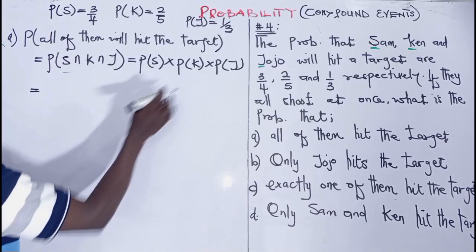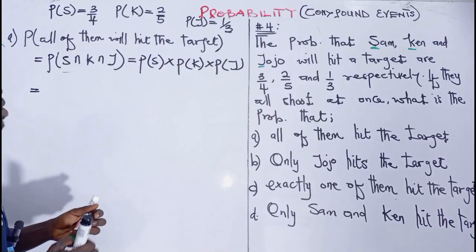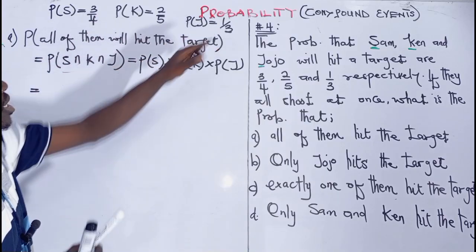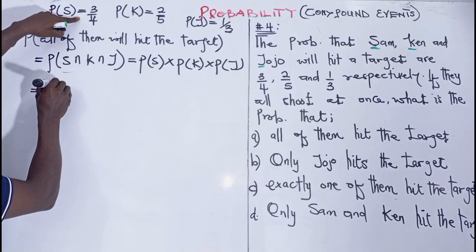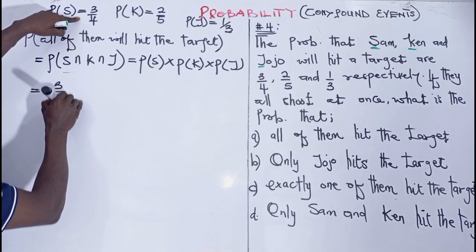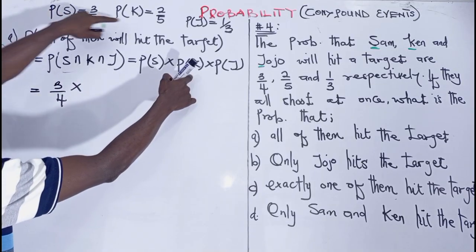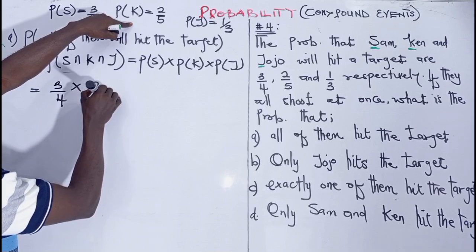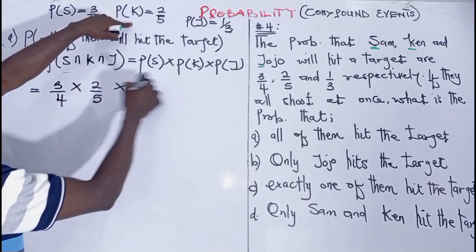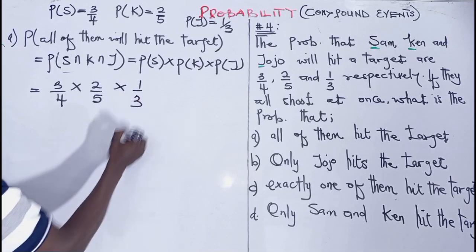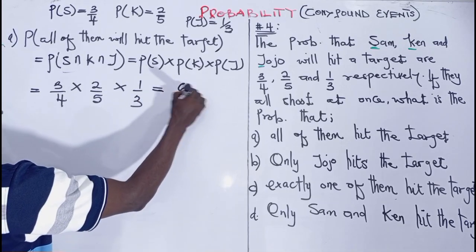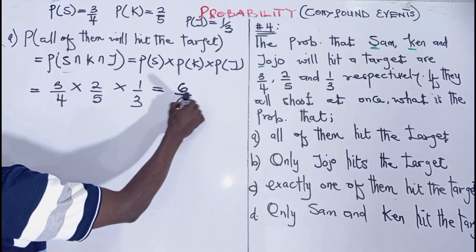Now once we have this, we are just going to substitute in their corresponding probabilities. So we have the probability that Sam will hit the target is 3 out of 4, multiplied by the probability that Ken will hit the target, multiplied by Jojo hitting the target. That gives 6 all over 60.